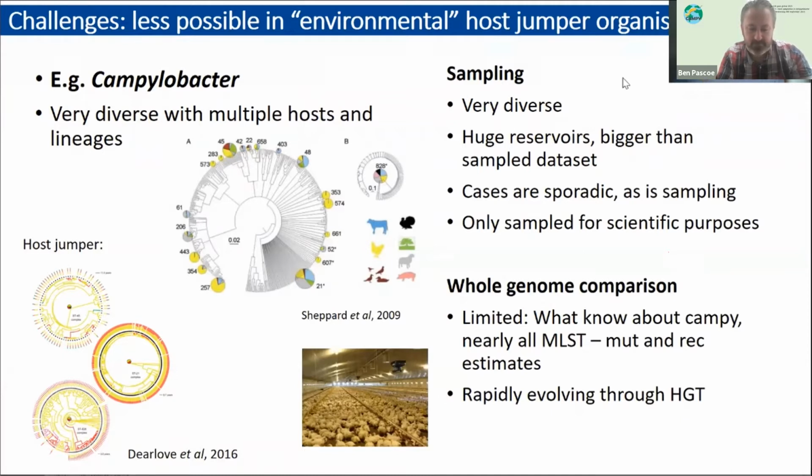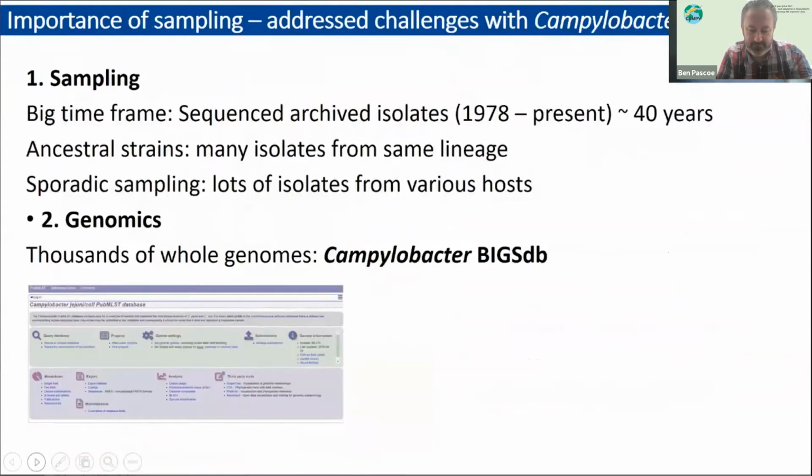The information that we already have on mutation rates has mainly been based on MLST. So we have tried to address these challenges using sequencing of archived isolates. We had a collaborator who had some Campylobacter isolates in their freezer from the 1970s.